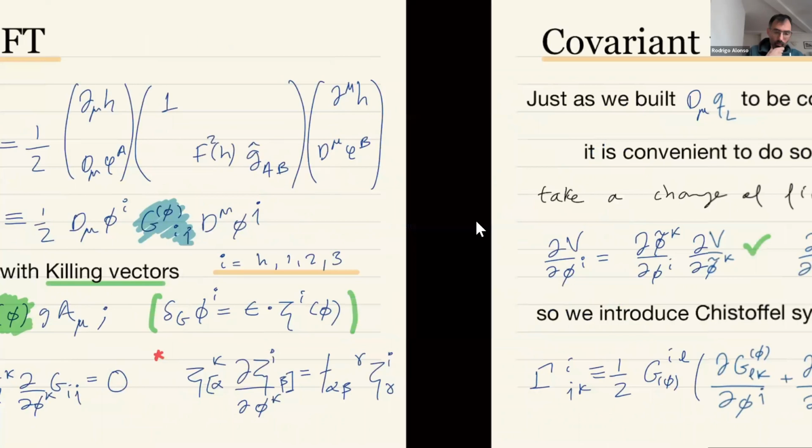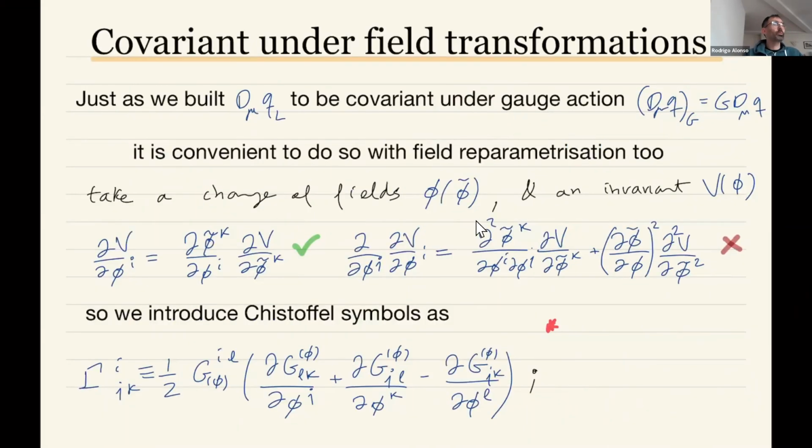Now about these covariant objects that we want to build up out of our theory, again, drawing on the analogy of covariant gauge derivatives, we introduce that gauge covariant derivative acting on our fields, so that its transformation under the group was a simple multiplication by the group element again. We can demand the same thing about geometry and field transformation.